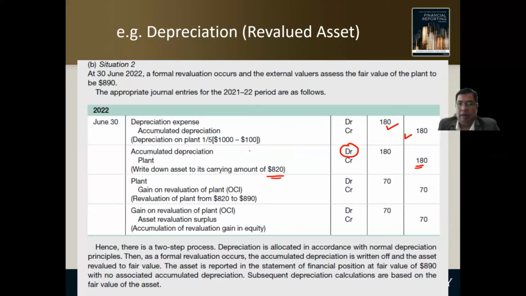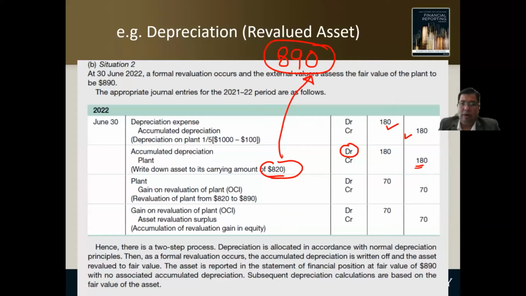Okay. And then we need to revalue this asset. When we revalue this asset, we found that the value is 890. So the carrying amount is 820, and when we revalue the asset to 890, we are making a gain.